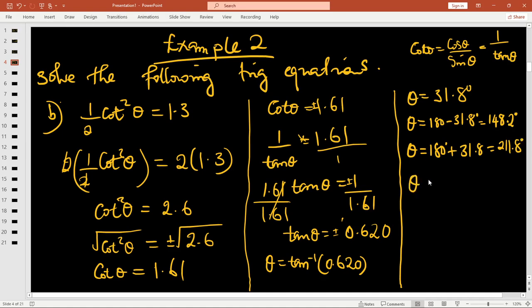Then in the last quadrant there, we have 360 degrees minus 31.8, so we have 328.2 degrees like this here.